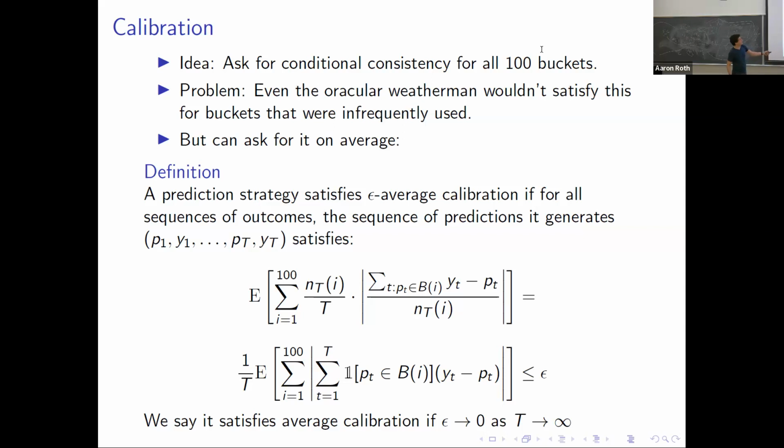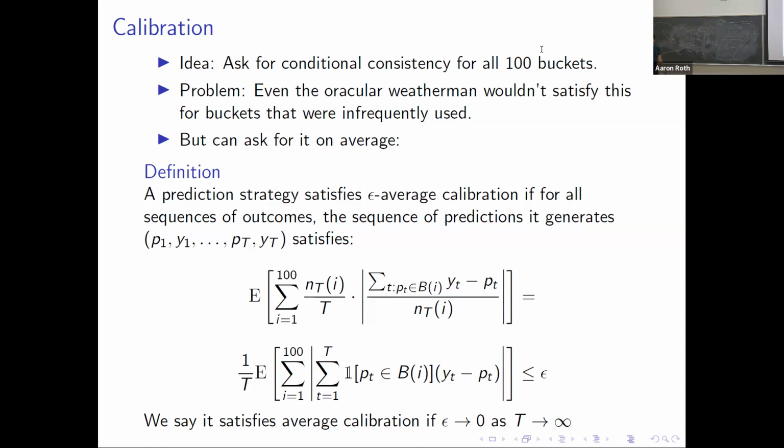And so this is just a statement of the form: the weatherman is flipping a bunch of coins of different bias, and for every coin, the fraction of times it comes up heads is close to its expectation, where we allow larger deviations for coins that we didn't flip as many times. Okay, so this is some metric that the oracular weatherman would pass, the yesterday weatherman would fail.